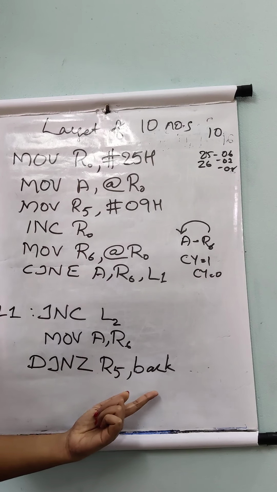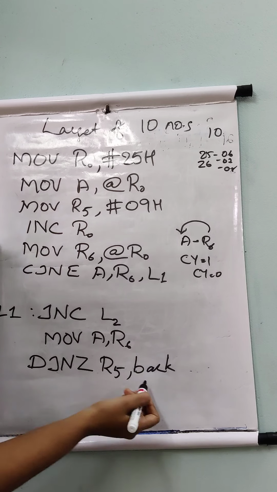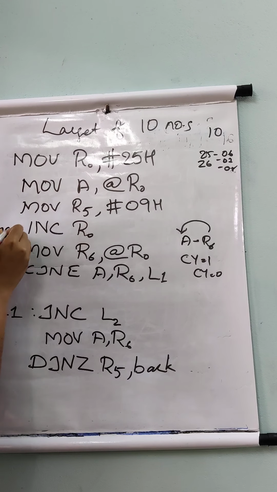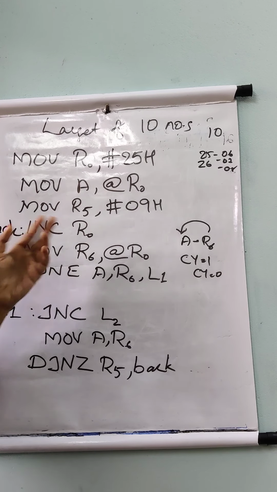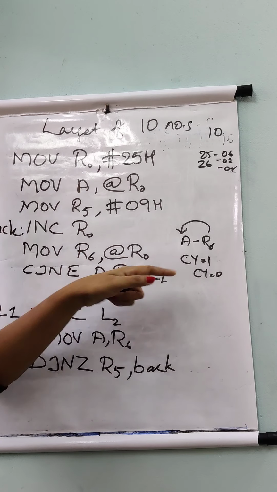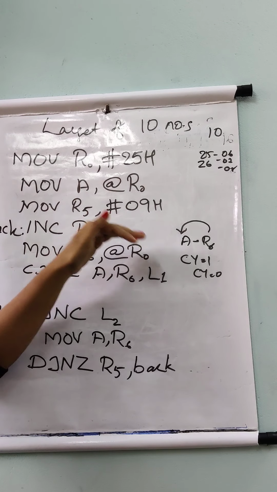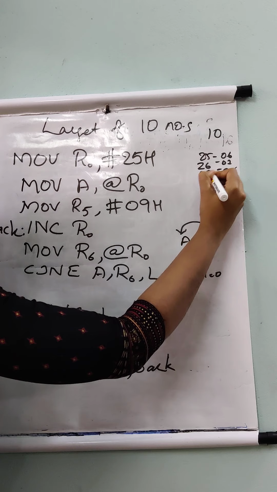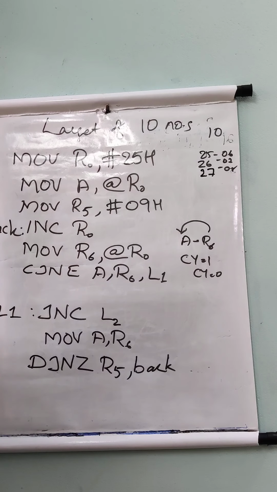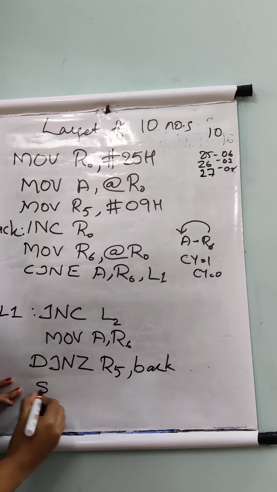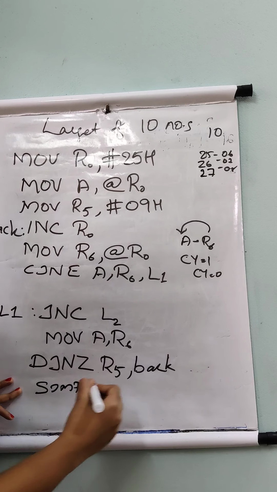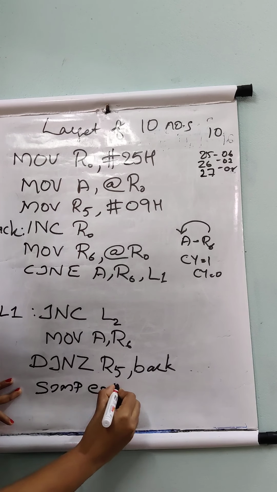So it will go back to where? Here. Again we will increment R0, so that it will go to the next location 27, right? Then we are winding up the program. Jump, exit.